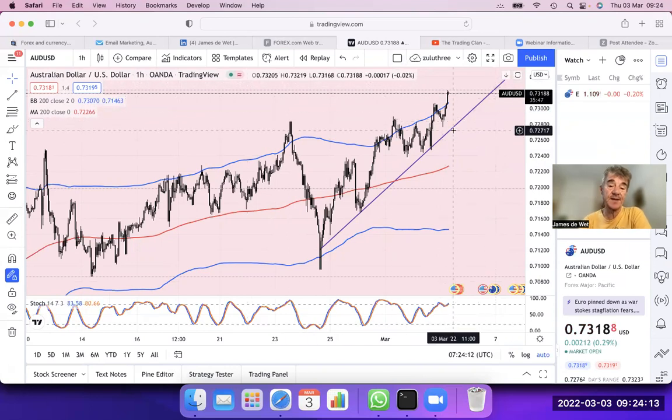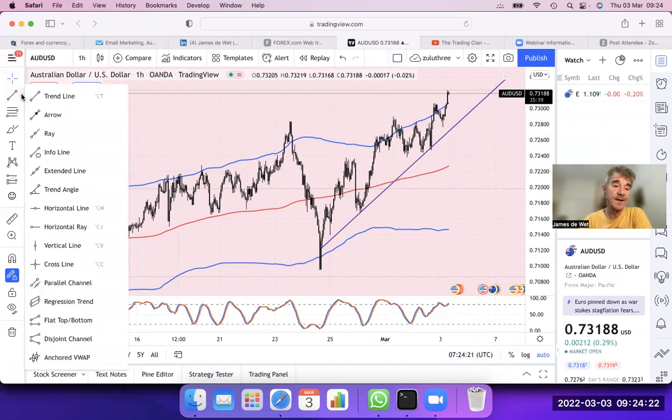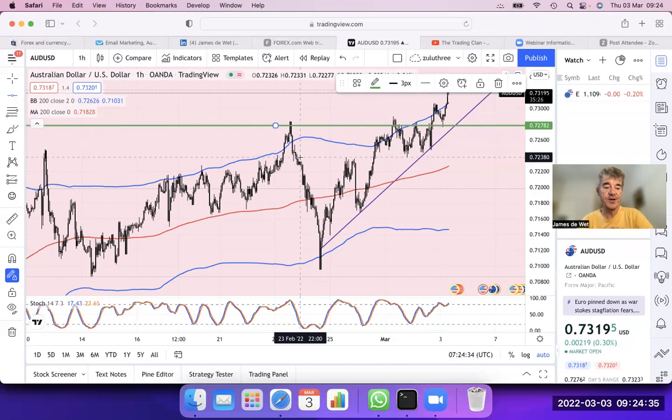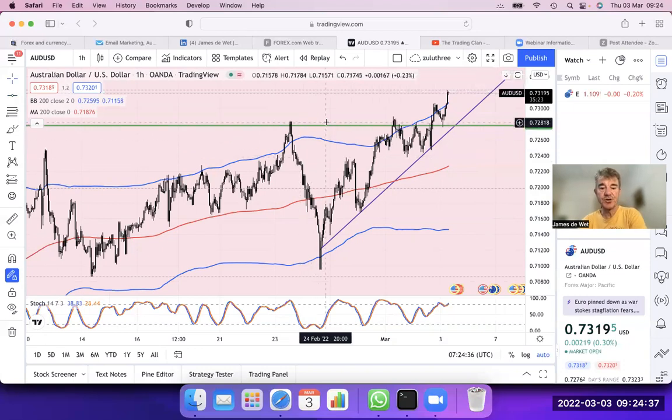So we might expect that this price, this is the hourly chart, remember, Aussie dollar hourly chart, might come back down to this trend line. There's also a support level there. So if I put a horizontal line in over here, you can see that's a natural target area.